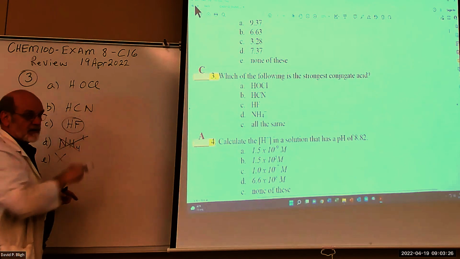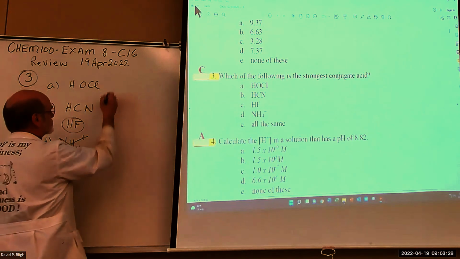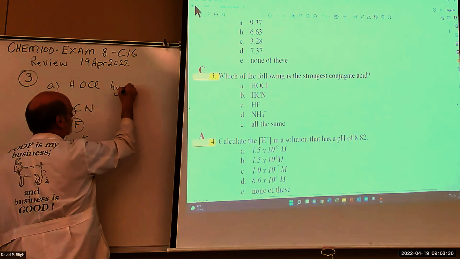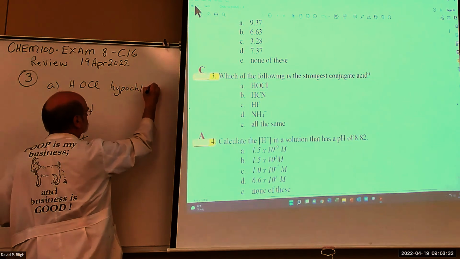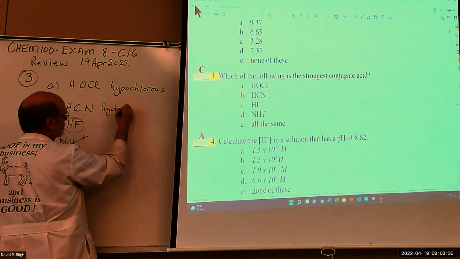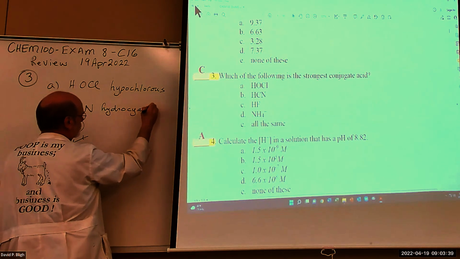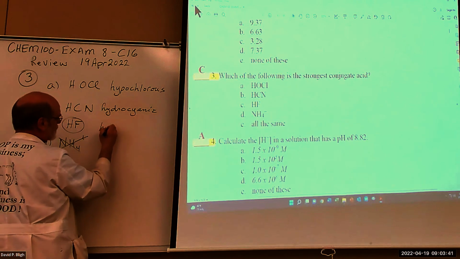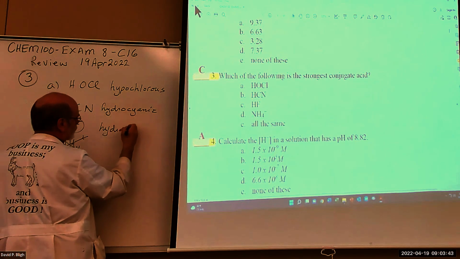And this is hypochlorous acid. This was hydrocyanic. And this one is hydrofluoric.